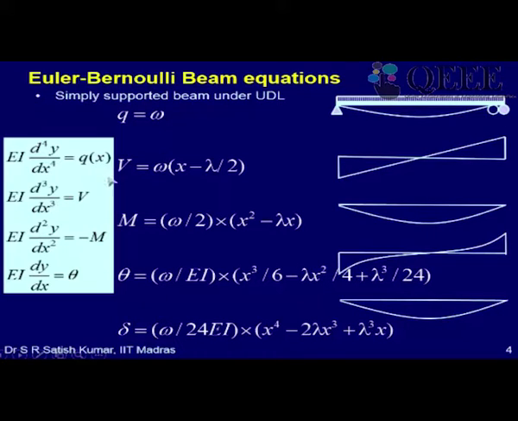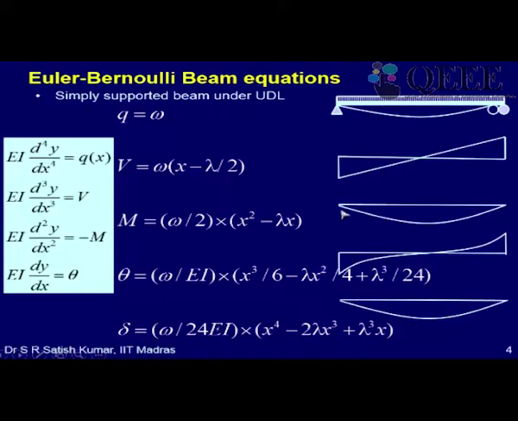Similarly, going further, if I integrate the shear force V with respect to x, so this will become the integral of V dx, which gives me the bending moment at x, okay. And the left hand side obviously becomes EI d squared y by dx squared, okay. So that is how this turns out.